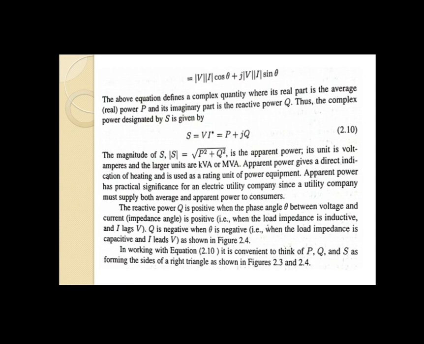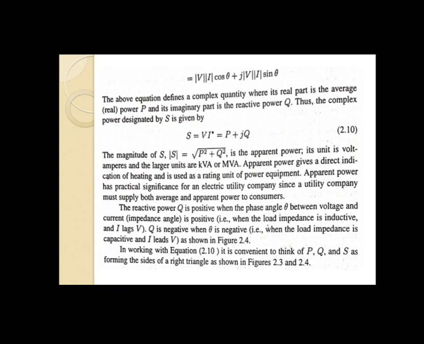Complex power S is given by P plus jQ, with P equal to VI cos theta, whereas Q is equal to VI sin theta.